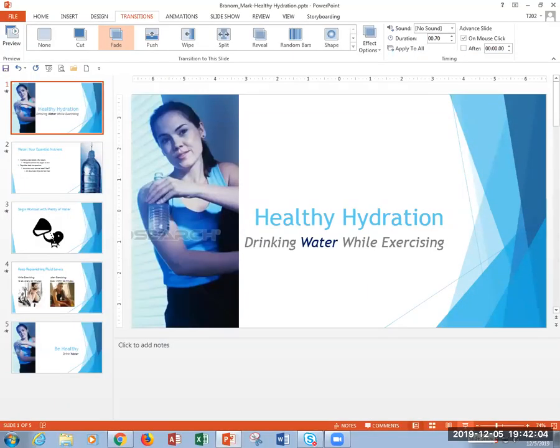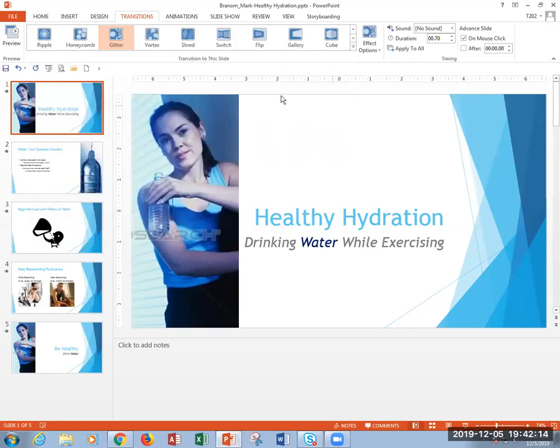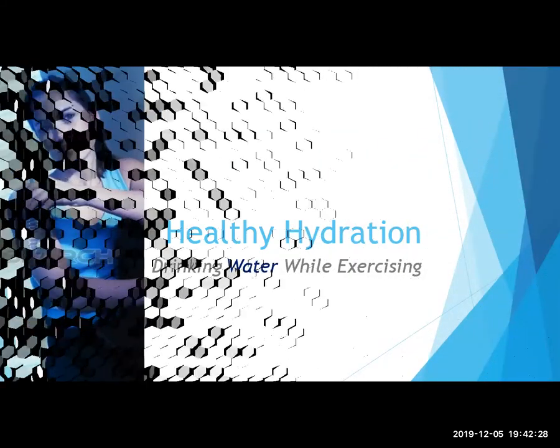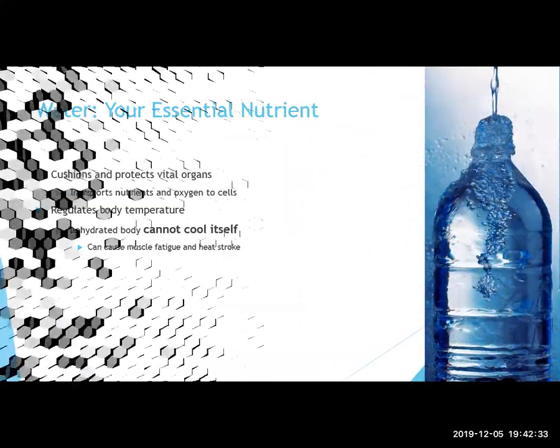On the other hand, please don't choose this. If you chose, say, glitter. Glitter's pretty darn good. If I do glitter, apply to all. We have glitter, and then I go to the next slide and we got glitter, and then we go to the next slide and we go to glitter.